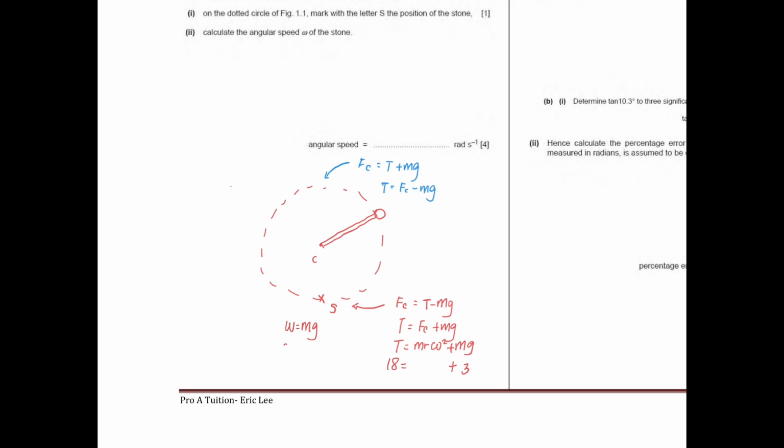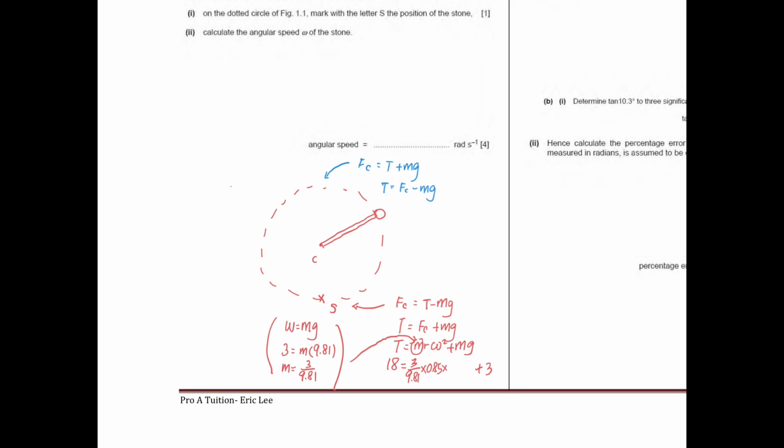If the W is 3, then the mass can be found by division, 3 over 9.81. That's the mass. So we put this working over here to replace the m. 3 over 9.81. The radius is 0.85 meter.